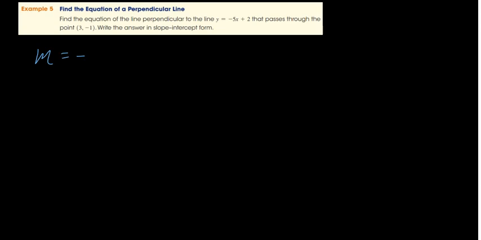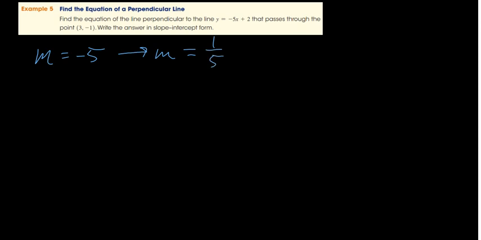If I wanted to find the negative reciprocal, well, what is the negative reciprocal of negative 5? We're changing it from a negative 5 to a positive 5, and then we're going to flip the fraction. 5 as a fraction is 5 over 1, so we're going to make it 1 over 5.